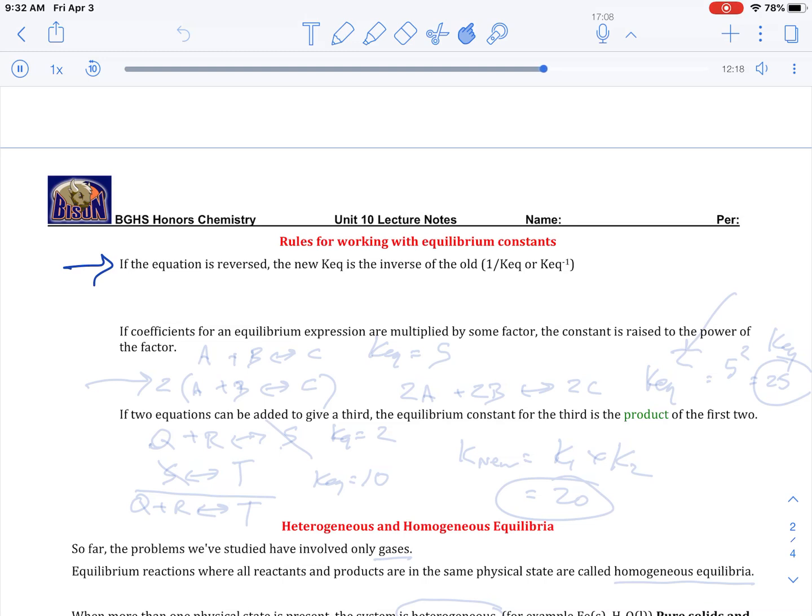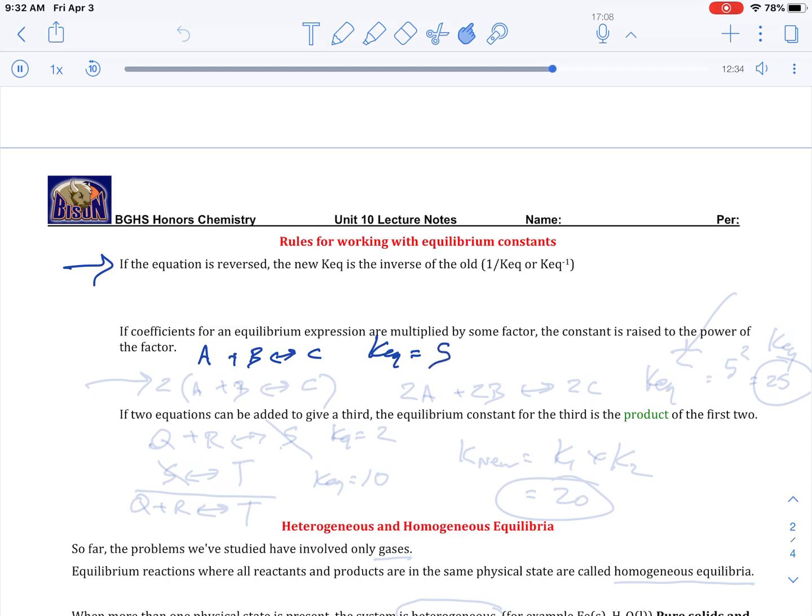The second law is that if we multiply coefficients by some factor, the constant is raised to the power of that factor. So for example, let's say I have A plus B forms C. And let's say the KEQ is 5.